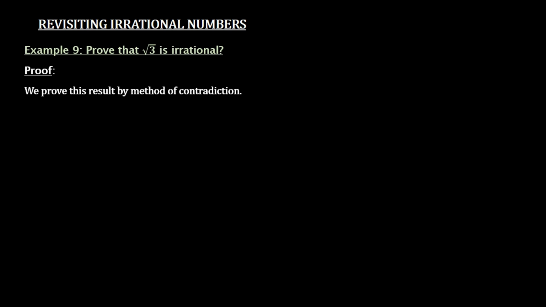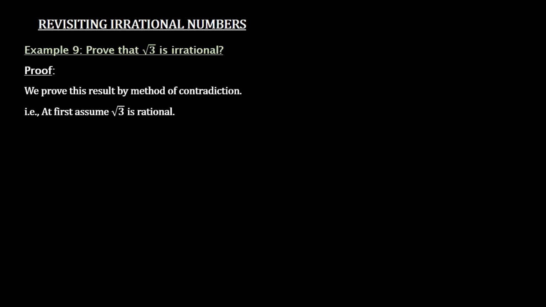If A is a real number, then A can be either a rational number or an irrational number. So we apply the method of contradiction. We assume that root 3 is a rational number, and if we find something wrong along the way, then our assumption is wrong, and we will prove root 3 is an irrational number.